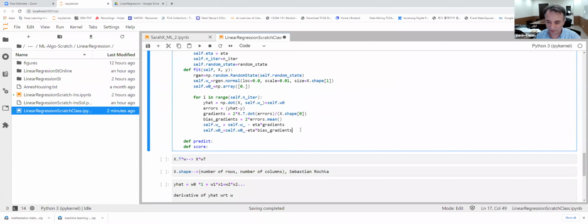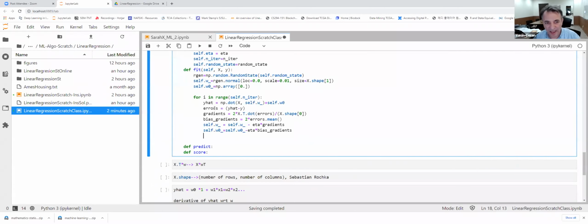So let me also keep track of my errors. Remember, my loss is the squared of error. Error can be negative or positive, so I'm going to take the square of that. Error is a vector.